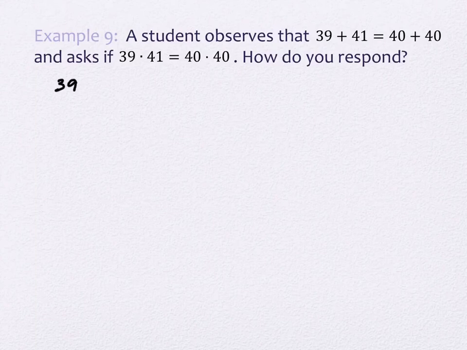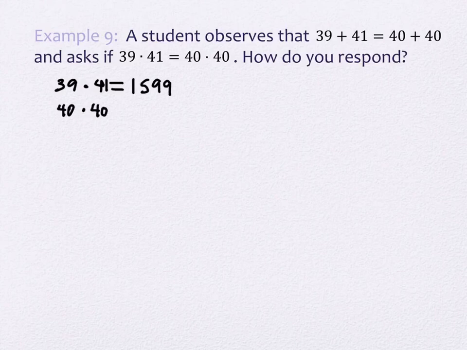What is 39 times 41? 1,599. And what is 40 times 40? 1,600. So the answer is they're not equal.